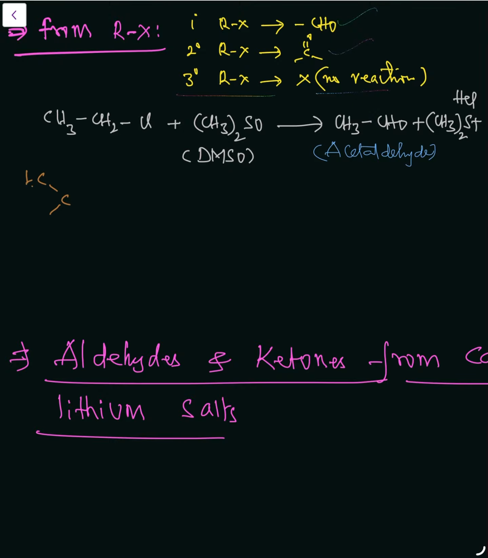Same way, let us consider a secondary alkyl halide, CH3 CH3 CHCl plus dimethyl sulfoxide. Then the product is a ketone, remaining as it is.